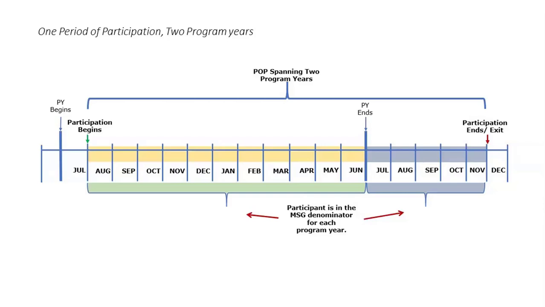And regardless of how much time they have, just like in the previous visual, even though it's only 5 hours, that period of participation extended into a second program year. And so guess what? We're on the hook for an MSG, regardless of whether that's 1 hour, 2 hours, or like in this case, probably multiple hours between July and November of that second program year.